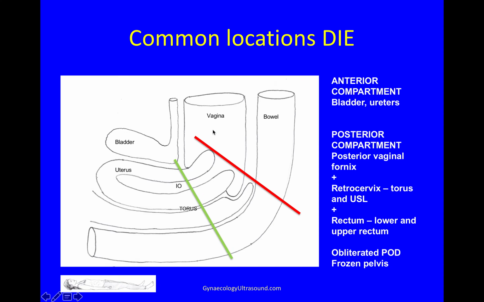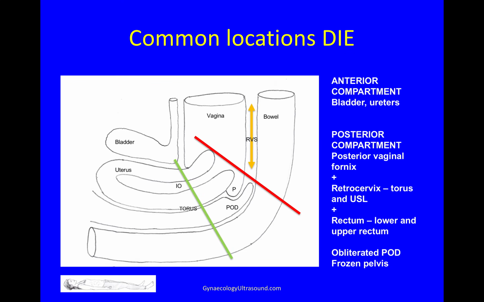If you draw another line down the external cervical os, then the area between vagina and bowel up to that red line is called the rectovaginal septum. The bit of vagina that is here below the red line, or above the red line in reality, this is the posterior vaginal fornix.